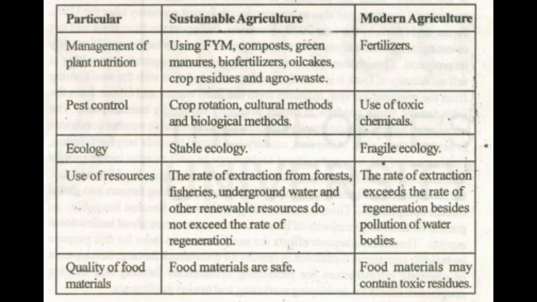It has to prevent land degradation and soil erosion. It has to replenish nutrients and control weeds, pests, and diseases through biological and cultural practices. Thus, sustainable agriculture can be based on natural farming or organic farming. Thus, sustainable agriculture substantially differs from modern agriculture as under.